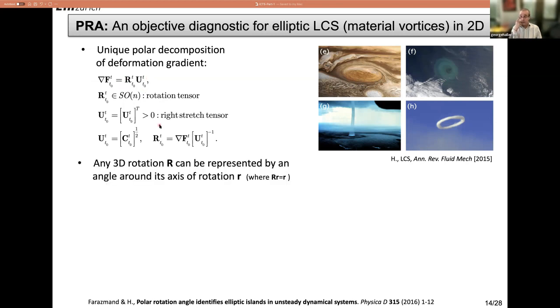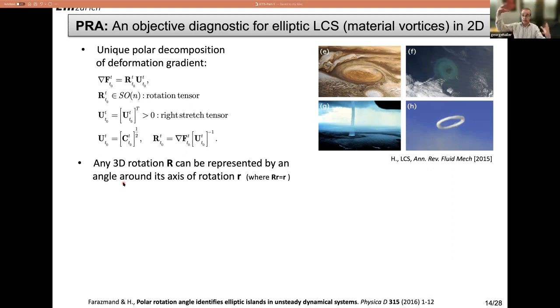This is an old result from continuum mechanics. But here's the observation in the work with Mohammed: any 3D rotation can be represented by an angle around a designated axis of rotation, okay? It's not just instantaneous, it's a finite rotation, as you pick a distinguished axis and simply rotate around that axis, right?